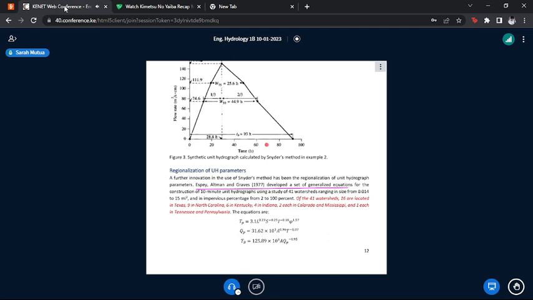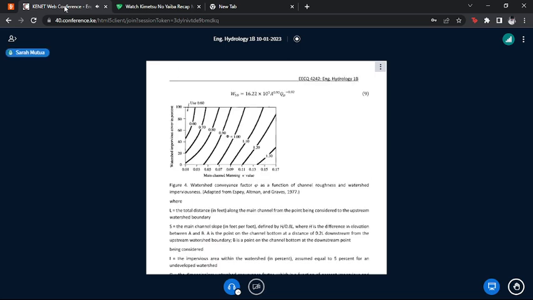And what we have here is just the explanation or definition of these parameters used in these regionalization equations. And that one, basically, I just mentioned in passing, just for illustration. We are not going to concentrate or discuss that further.